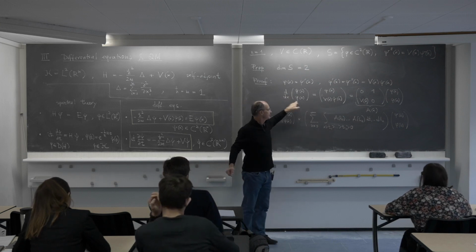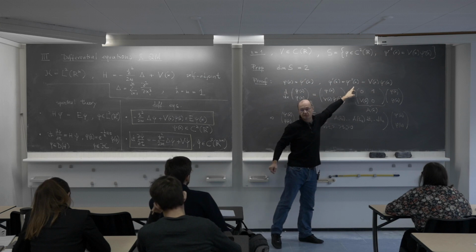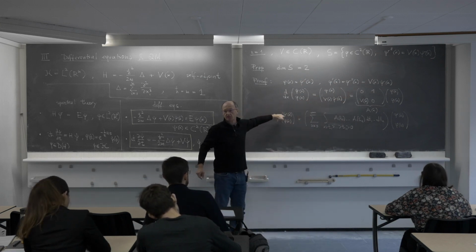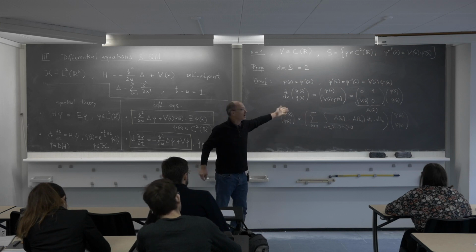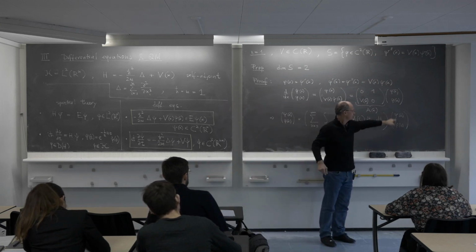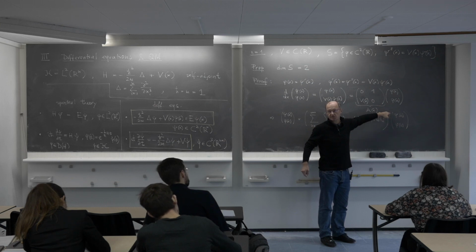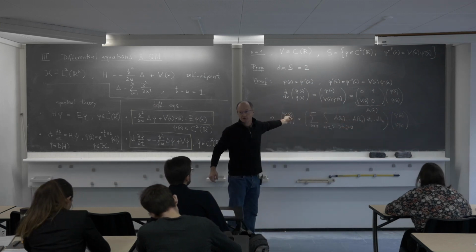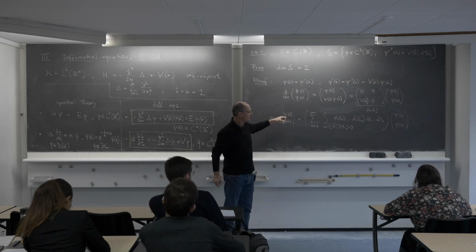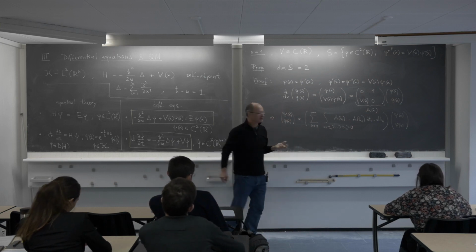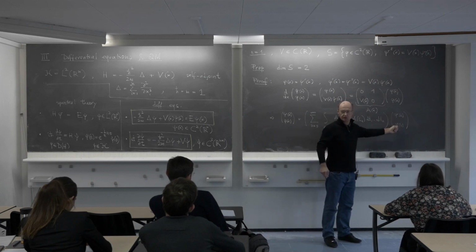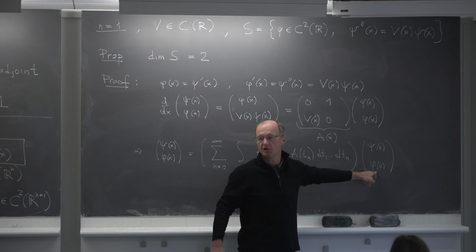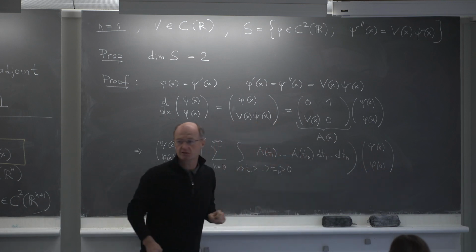And then this equation is equivalent to these two equations, which means that the psi of x that we get here is a solution. Now, here we can choose any of those vectors, and we obtain solutions to our equation. So in fact, this map gives us an explicit isomorphism between the two-dimensional space of psi of 0, phi of 0 and the space S.